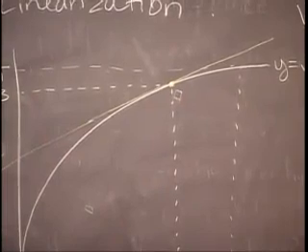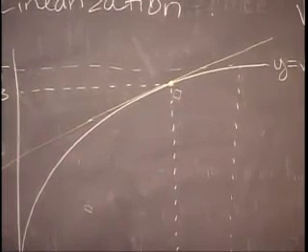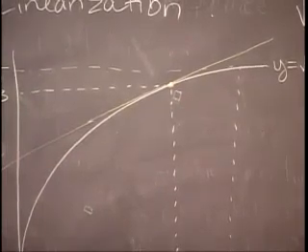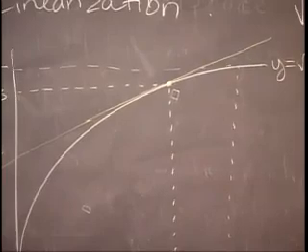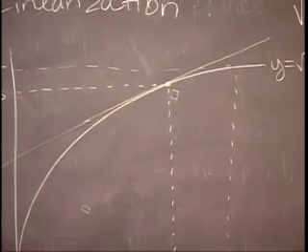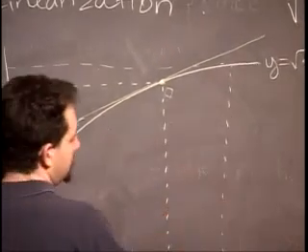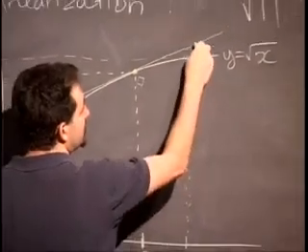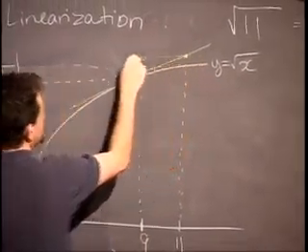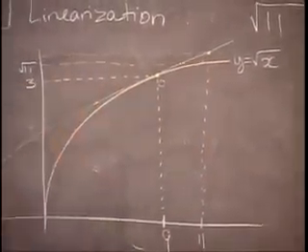I'm drawing the tangent there because I kind of know what's going on at 9. Square root is nice there. Suppose I plug in 11 to this tangent line. I get that height.